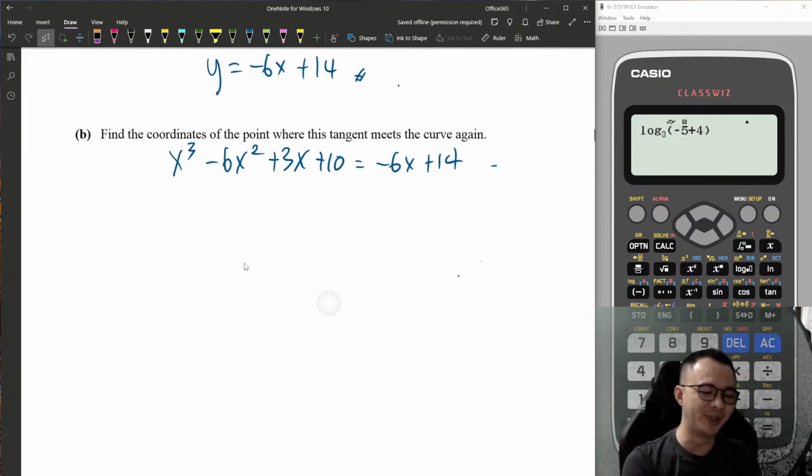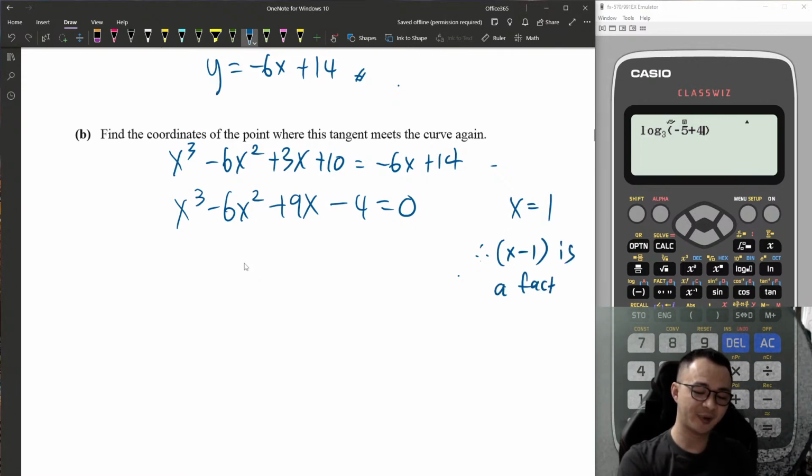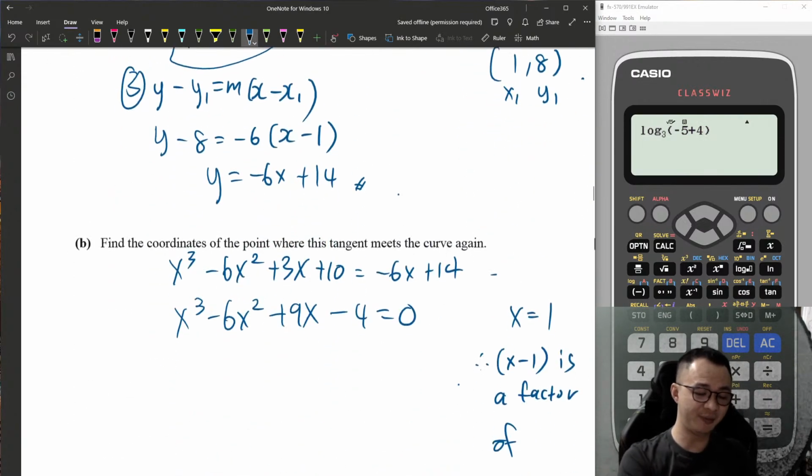Normally we don't need to solve the cubic equation here, but since they want us to solve it, let's solve it. This one should be 9x, this one should be -4, equals 0. Just now we know one of our roots is x equals 1, so x minus 1 is a factor of this equation.